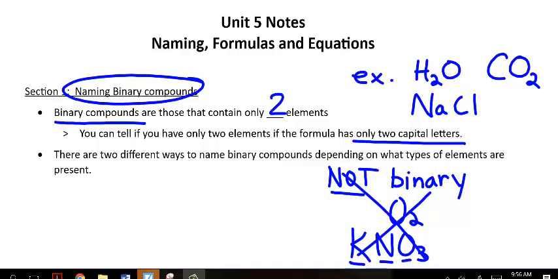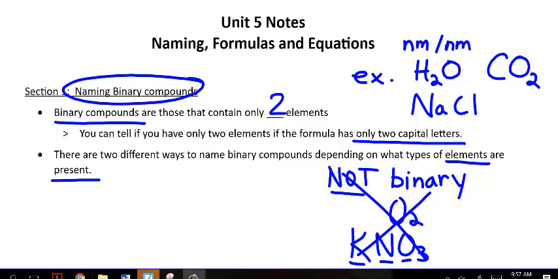So we're going to name binary compounds. You first have to identify you have a binary compound if there are two capital letters. And there are different ways to name binary compounds depending on what types of elements are present. So you're going to look at the elements in your binary compound. For example, H2O, H is a nonmetal, oxygen is a nonmetal.